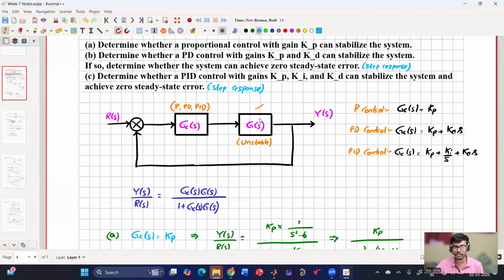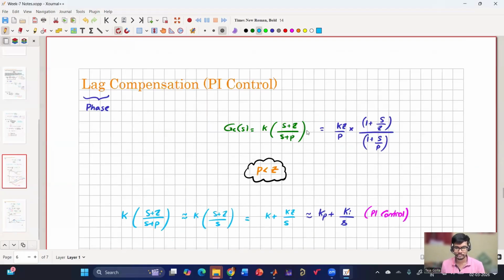If I have to reduce the phase, then I have to lag the phase, which means lag compensation. So in terms of the transfer function, both are the same. But if we want lag compensation, the pole should come before, and it acts like a PI control.